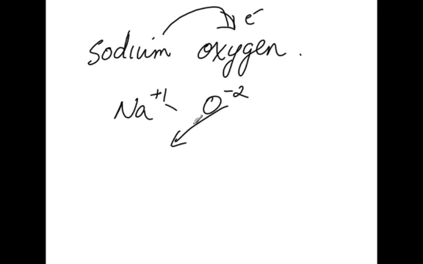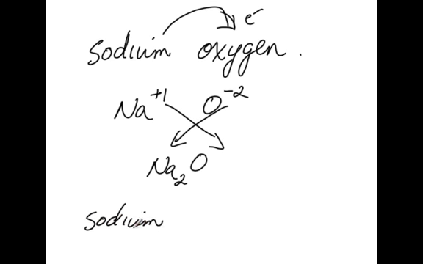Again, I use that crossover technique, resulting in Na2O, my 2 from the oxygen, and my O would have a number 1, but I don't write the 1, it's implied. Again with the naming, so this would be sodium, because I write the name of the metal and then I modify my nonmetal to be, in this case, oxide.